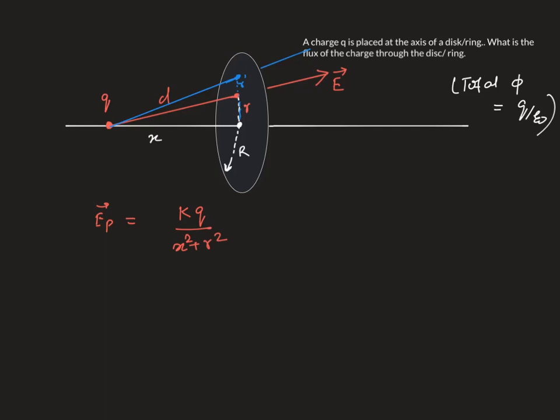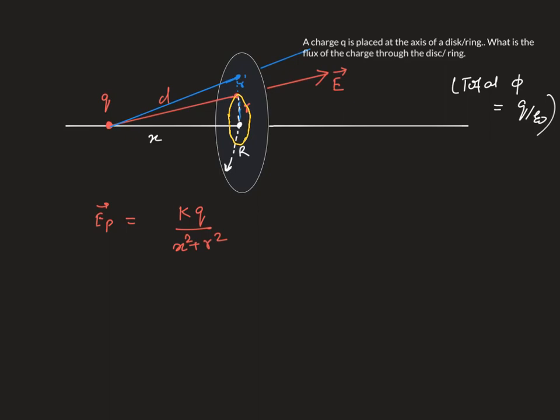So if the distance changes, the value of field also changes, because the value of field is dependent upon r. So there is a problem here. If you take a common r, let's say you take this r here, the field is going to have same value at all places, same value.